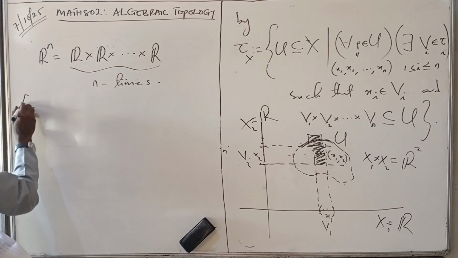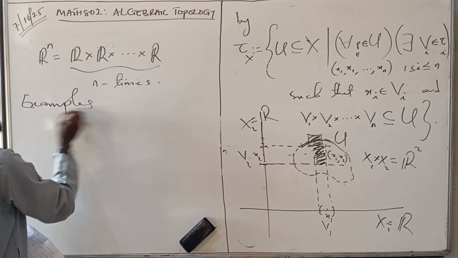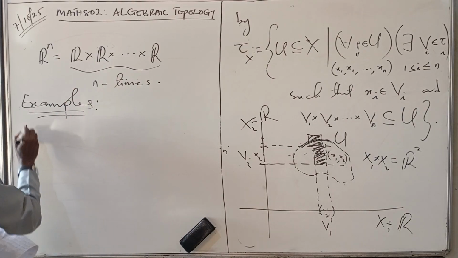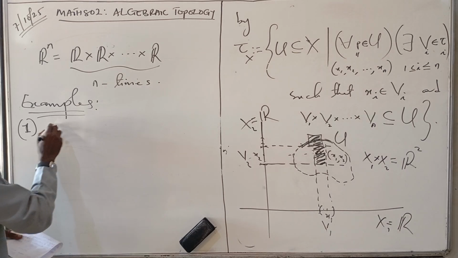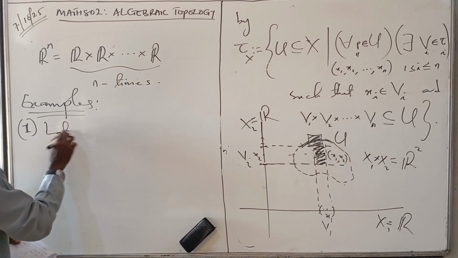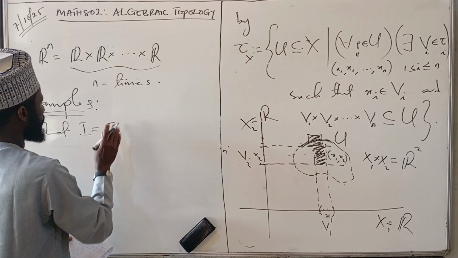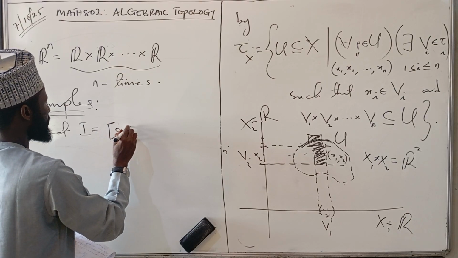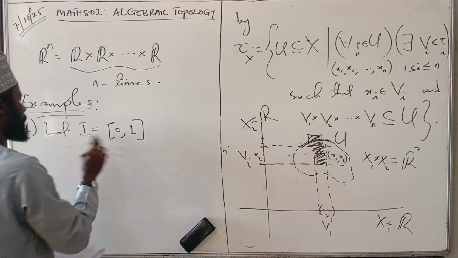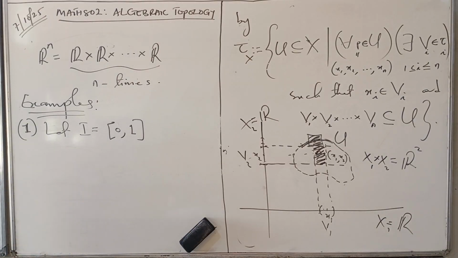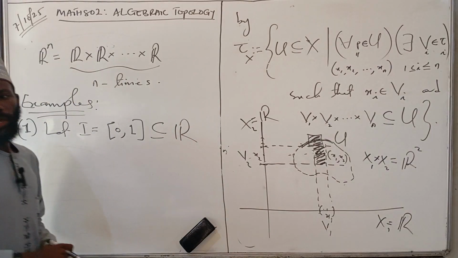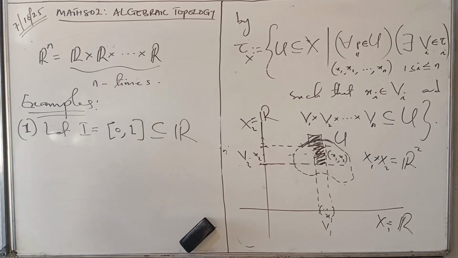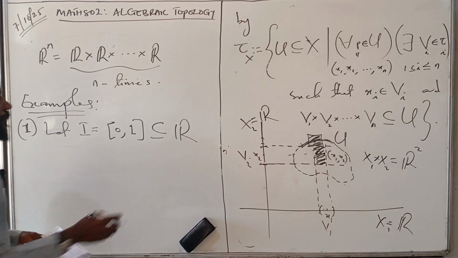Let me give you some more examples of this product topology. Example 1: take I to be the interval 0, 1, and see it as a topological space sitting inside the real space with respect to the subspace topology, okay.